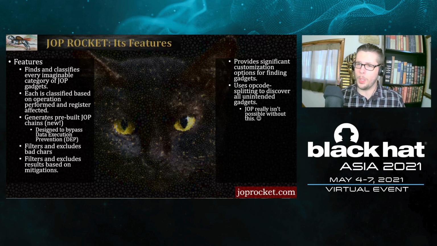Now, we've mentioned the pre-built JOP chains. We'll get to that later. Other new features include the ability to filter and exclude on bad characters. We don't like those, or on mitigations that we just don't care for. Now, JOP Rocket does provide significant customization when you're trying to initially form and find these gadgets, so you can reduce or enlarge the scope.